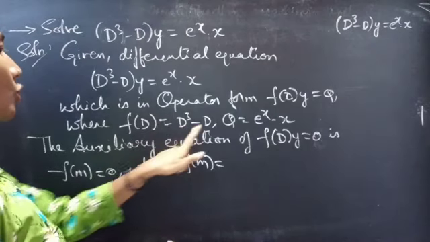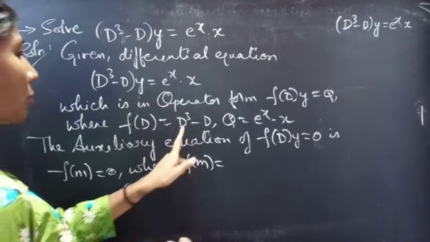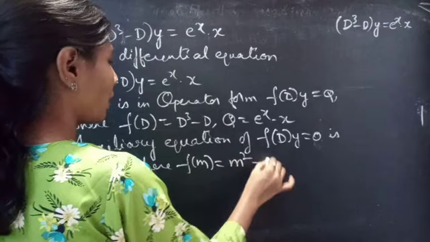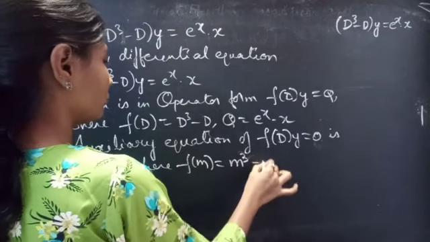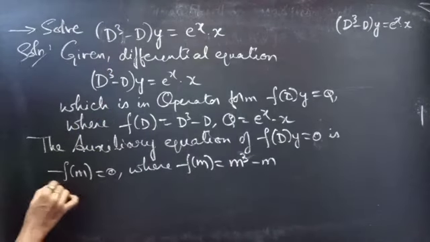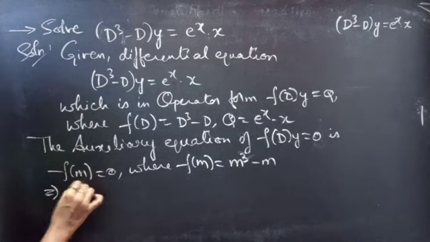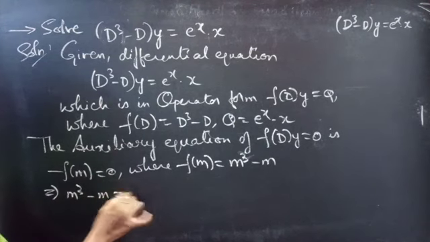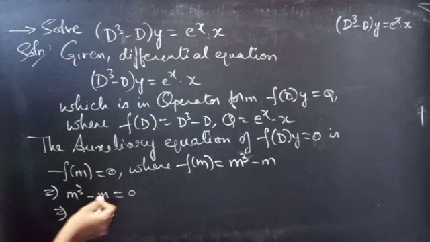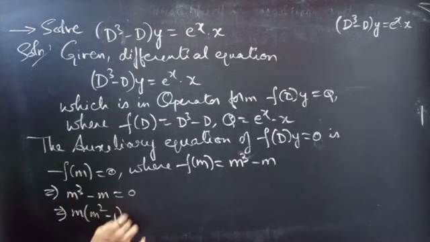Let's replace the differential operator by m, so that we'll get F of m equals m cube minus m. Now our auxiliary equation becomes m cube minus m equals 0. Now take m common from these two terms, we'll get m times (m square minus 1) equals 0.